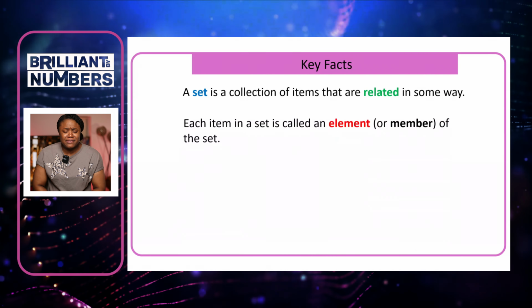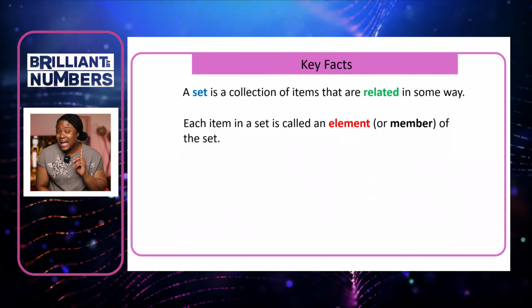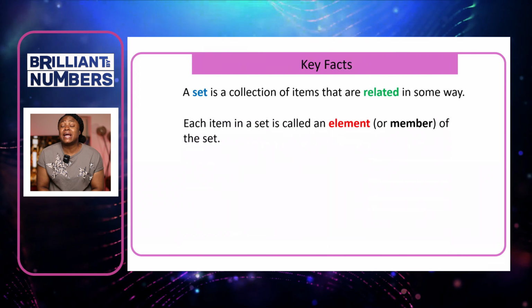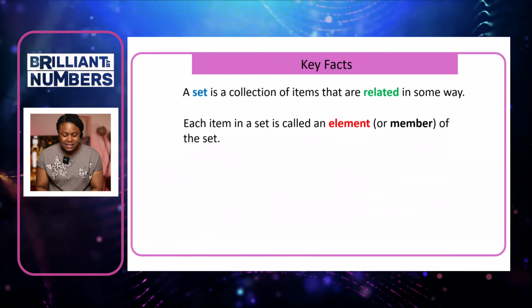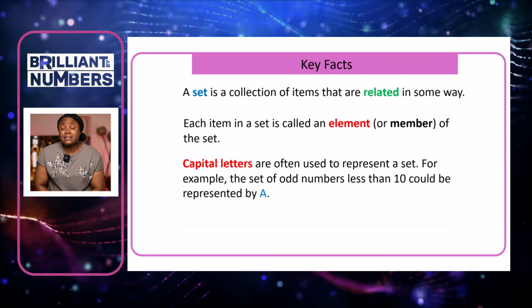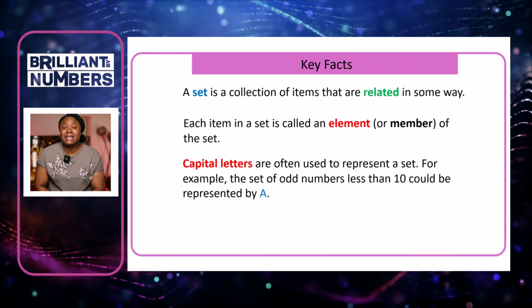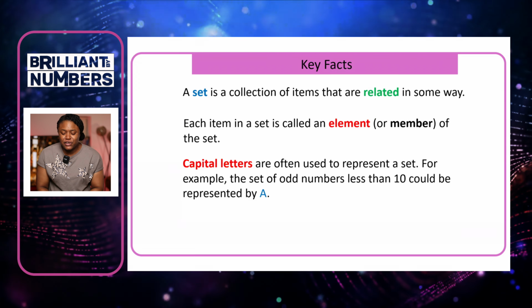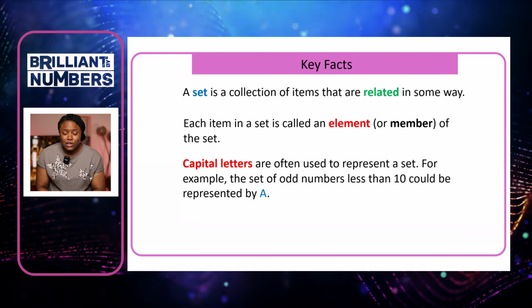So they would make a set because they belong to the set of flowers. Now the key piece of information here is that each item in a set is called an element or a member of the set. Now, how do we represent a set? Sets are always represented using capital letters. For example, if we talk about the set of odd numbers less than 10, we could use capital A to represent this set.